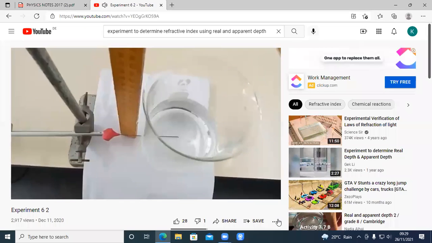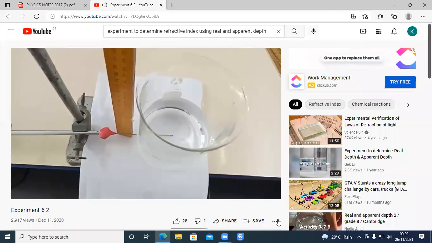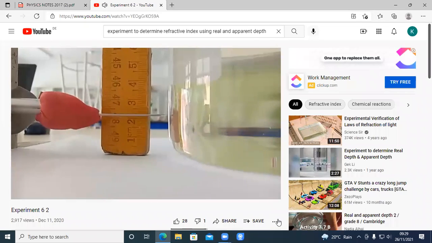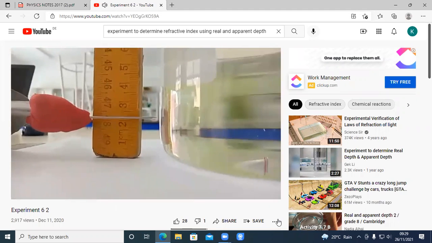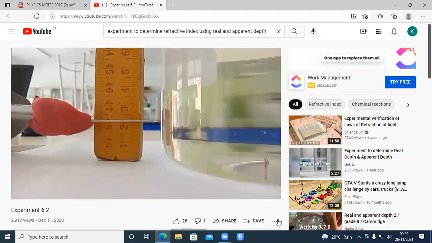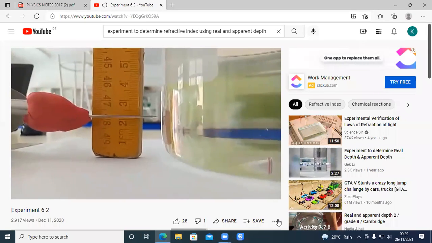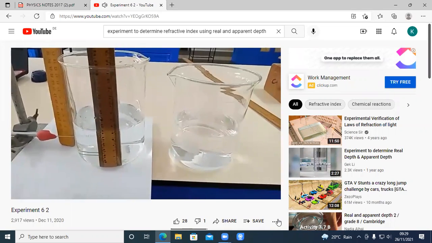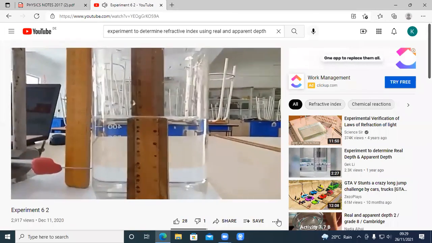That means the needle outside the beaker is at the same level as the image of the needle. Then you can take the reading. This reading is the apparent depth for the real depth of 6 centimeters. Now we add water until the real depth is 7 centimeters.